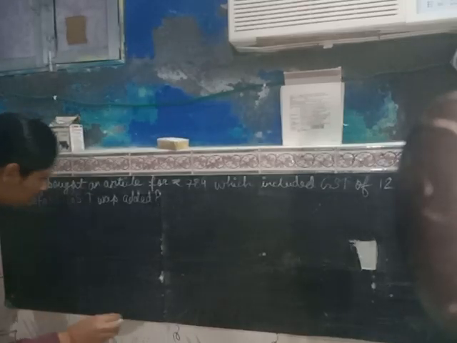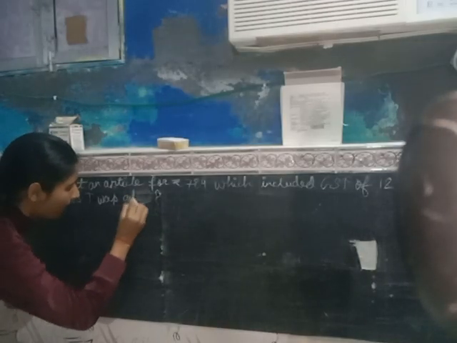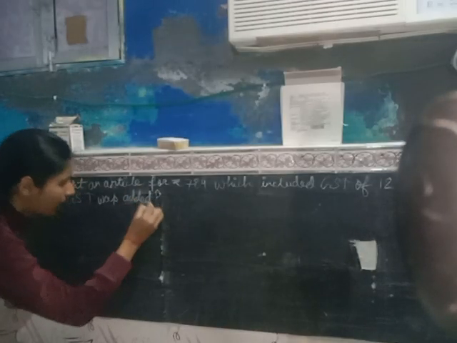So the question is: Salim bought an article for rupees 784, which included GST of 12%. And what is the price of the article before GST was added? So here I'm going to solve.